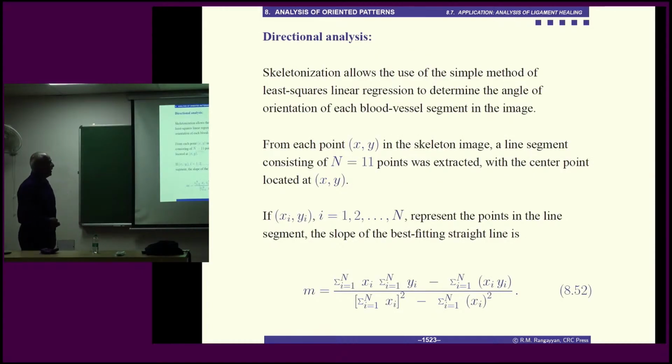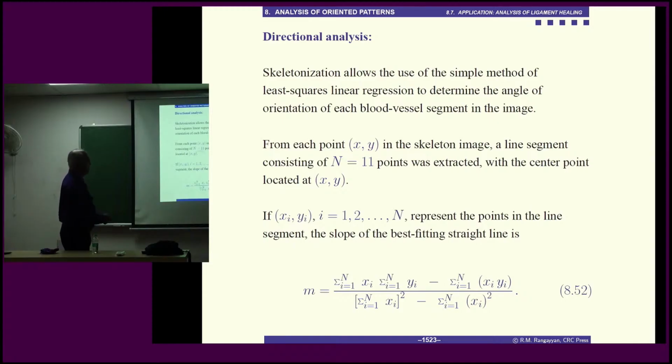For directional analysis, for every pixel, you fit a straight line using a small moving window. The straight line approximation is given by this best fitting straight line, sum of xi, sum of yi minus sum of xi yi, normalized by the mean squared value and the square of the mean value.